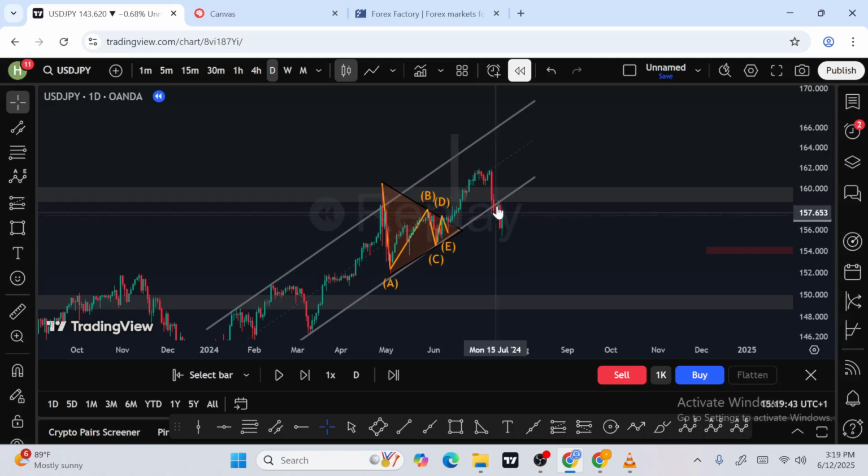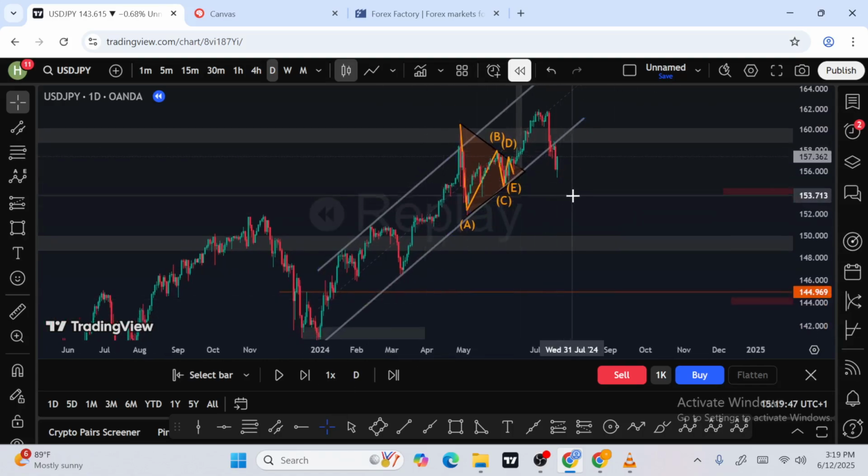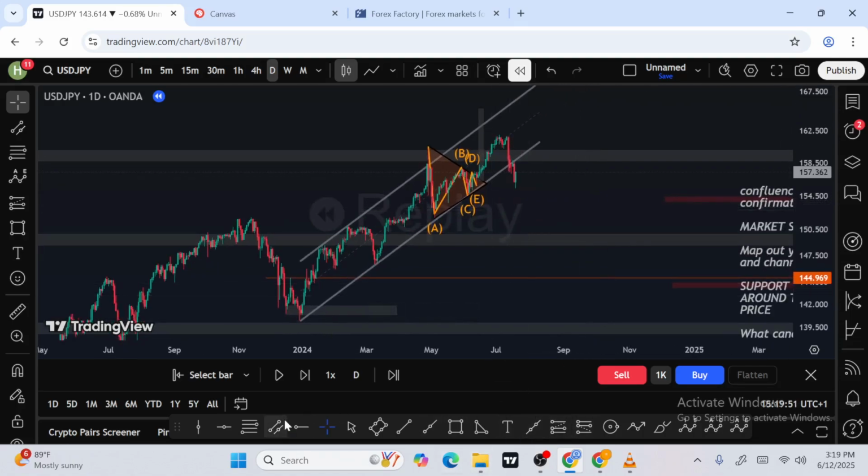Now it has broken below, but look at your market structure. Your market structure is your key. Higher low, higher high, higher low, higher high. Is this a higher low or lower low? Now let's start again from this point.